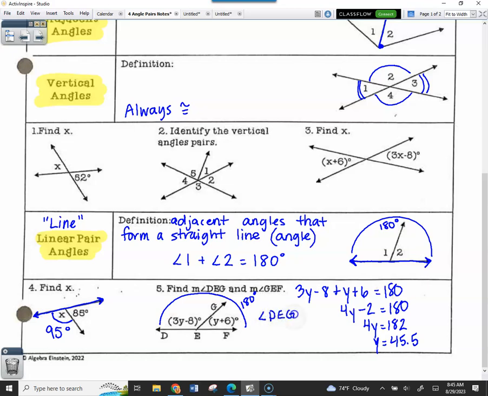So angle DEG, did you get 128.5? And angle GEF, 51.5. Did you get that?